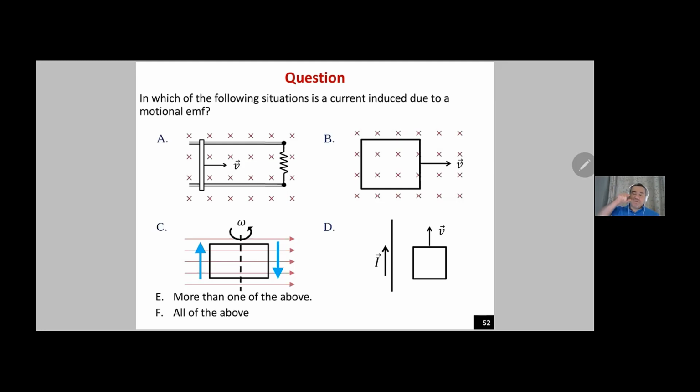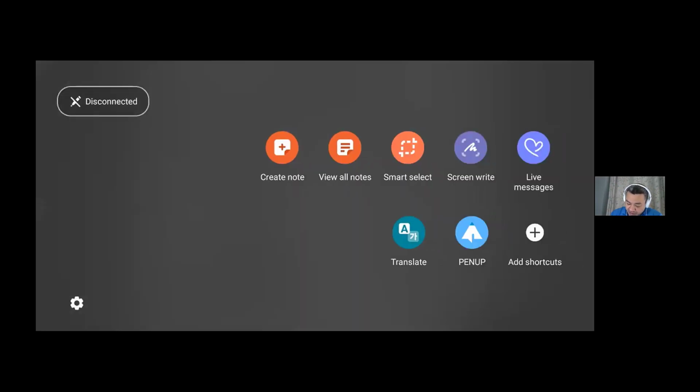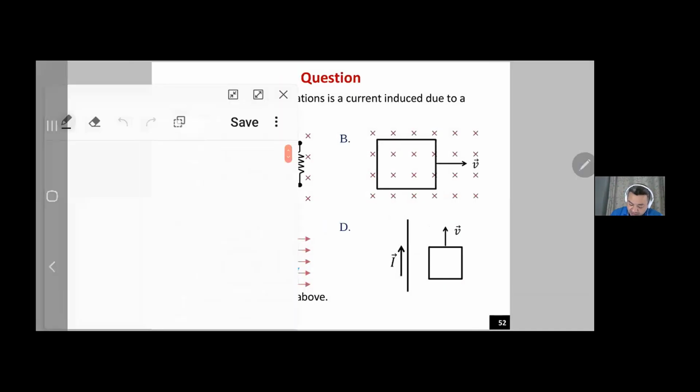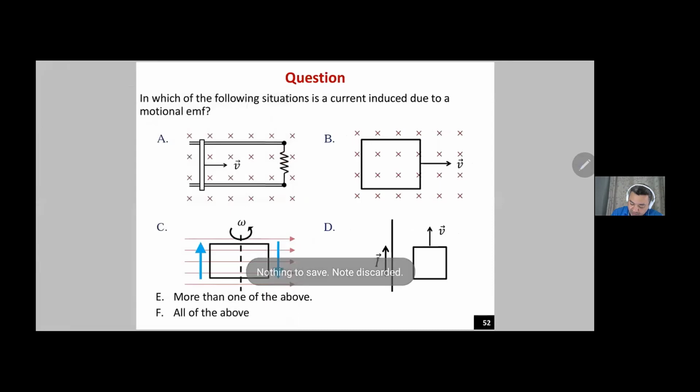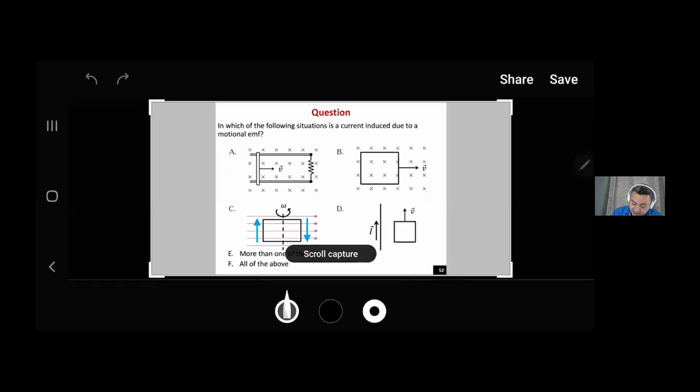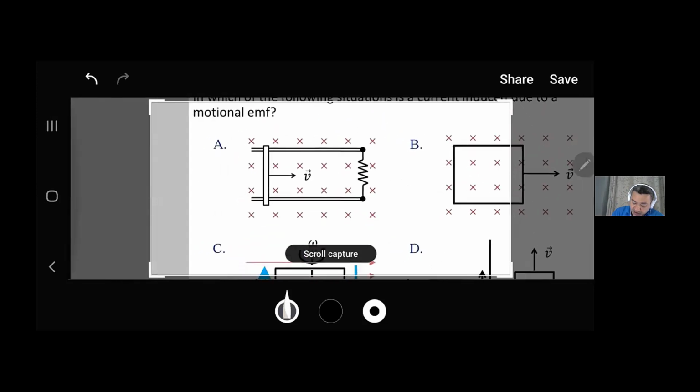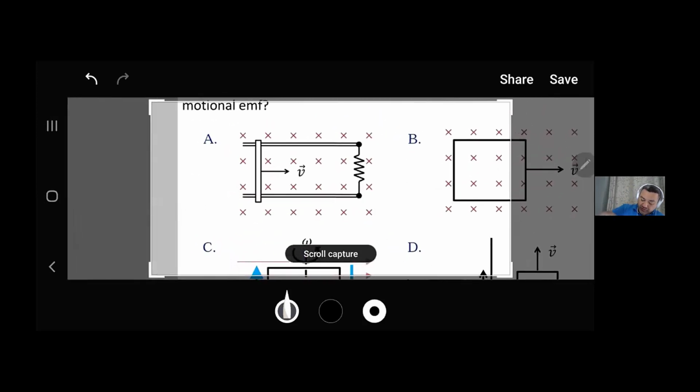So when the opposing magnetic field goes into the screen, based on the right-hand rule, it will generate an induced electromotive force such that the current is going clockwise. So the current would be going in this direction.